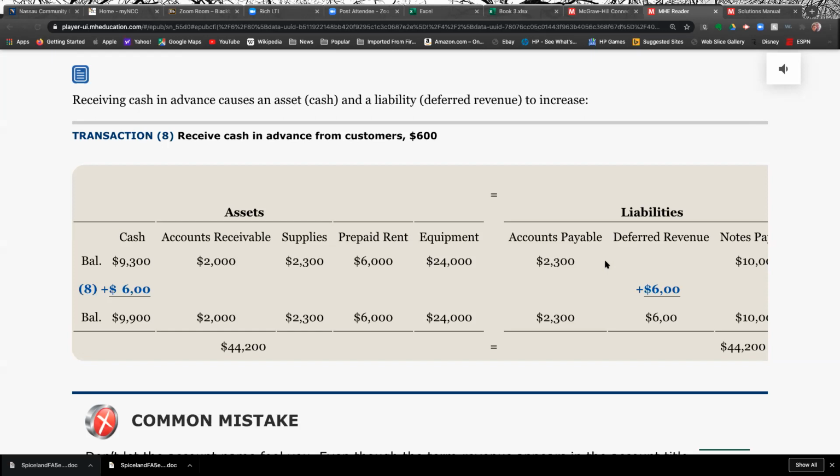You have to buy that ticket weeks or months in advance. The airline doesn't say, just pay us when you feel like it. The airline says, if you want a seat on that flight, you've got to pay me today, even though you might not take that flight for 3 or 4 months. That's deferred revenue to the airline.